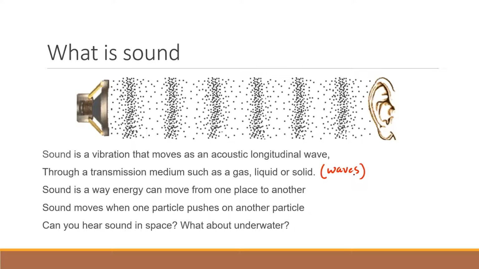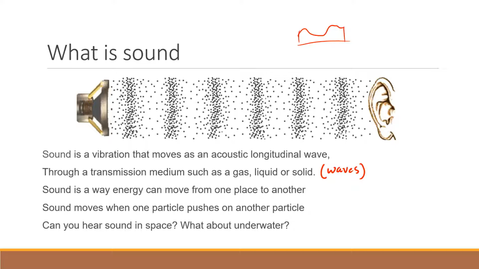All waves except for light need some kind of transmission medium. Waves can only move if they're moving through something. Think about a water wave. Imagine a water wave without water. You couldn't have a water wave without water. You couldn't have a sound wave without air. You need to have something to move through.